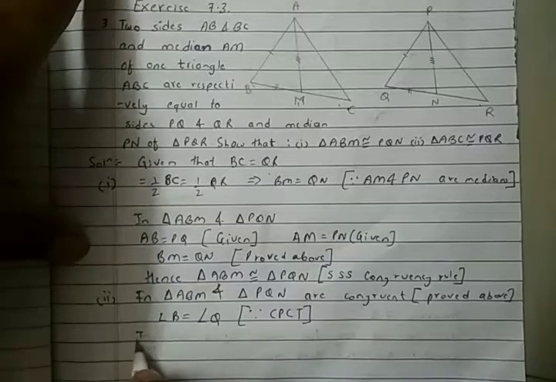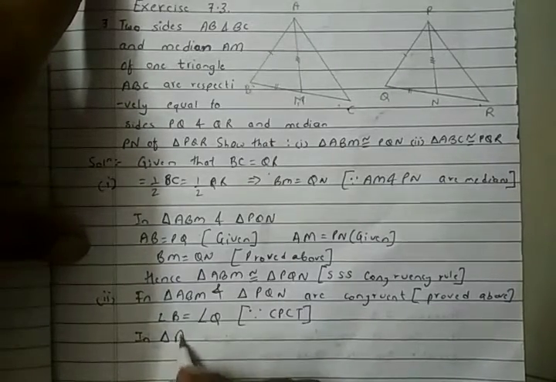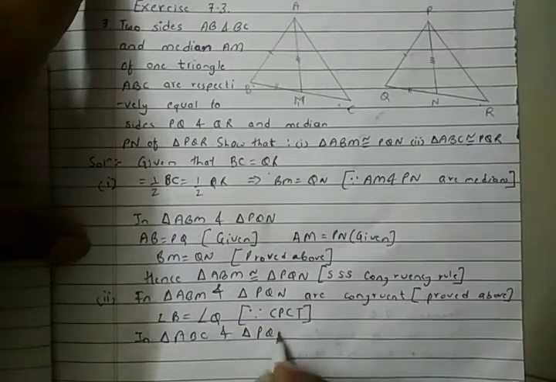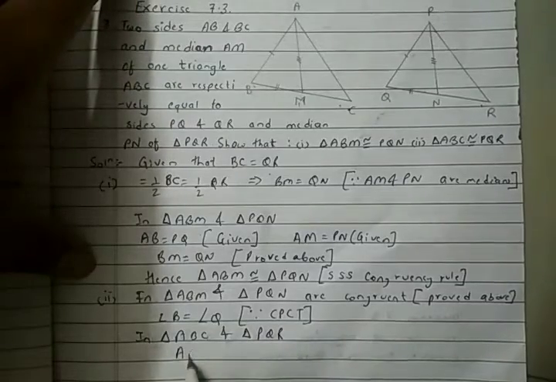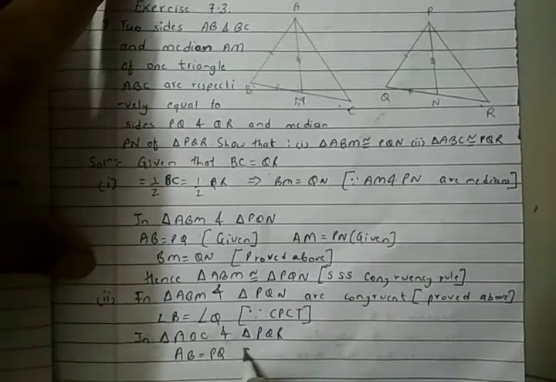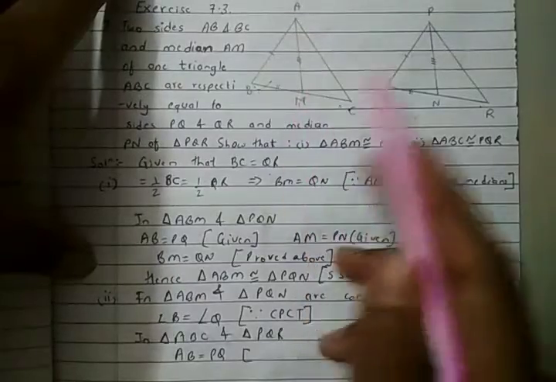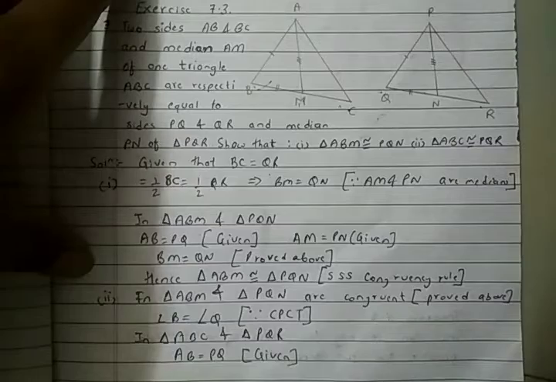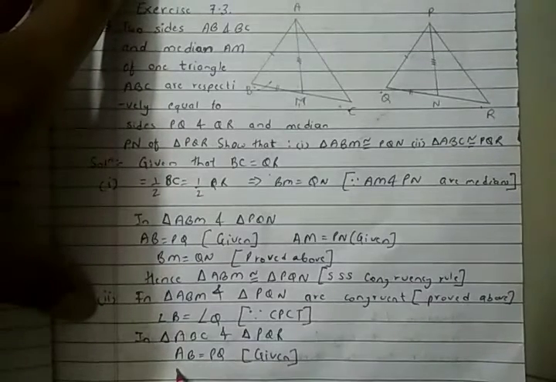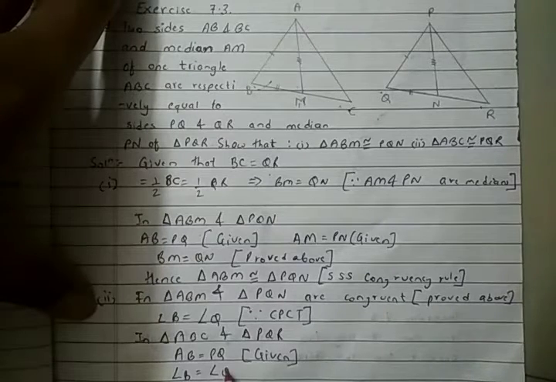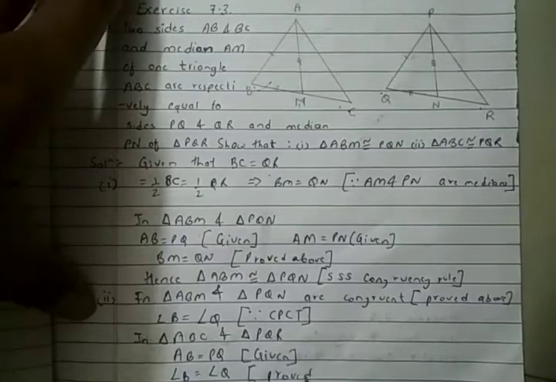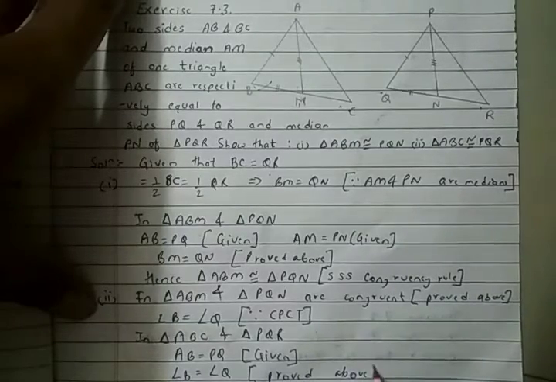Now in triangle ABC and triangle PQR, AB is equal to PQ. This is given. And angle B is equal to angle Q. This is proved over here, so you will write it: proved above.